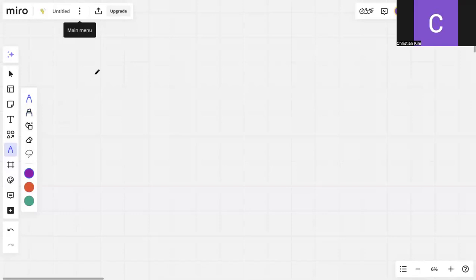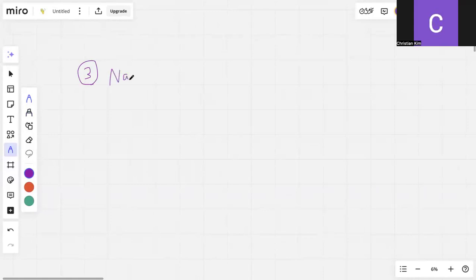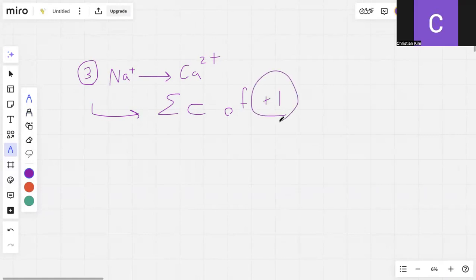And the reason why we need to introduce defects in the first place is that if we replace Na plus with Ca2 plus, we have a net charge, I'll put C, of +1. Therefore, we do not have electrical neutrality. So what we want to do is try and make this thing more negative. Two possibilities we have, and I'm sure there's more, but these are the first two that came to mind, is to remove Na plus, so we're going to have a vacancy.